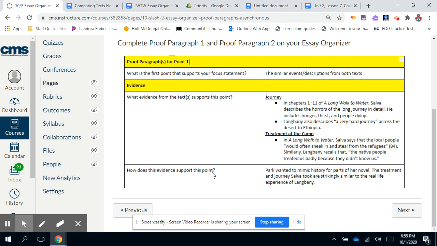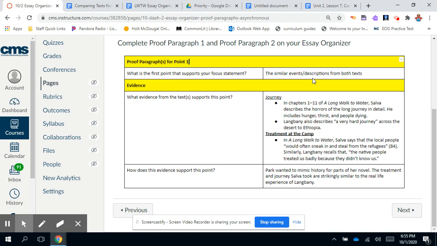So the point that I'm trying to make is that the author of A Long Walk to Water included similar events to the author of The Lost Girls of Sudan. But now I want to explain in my own words how this evidence supports the point I'm trying to make.